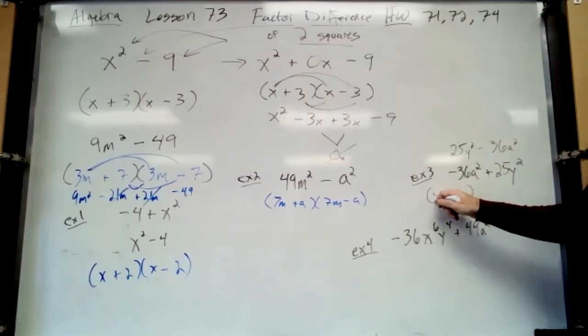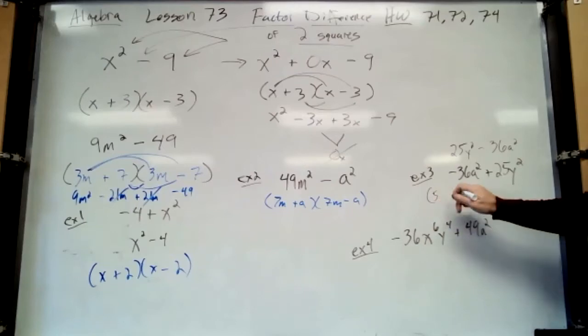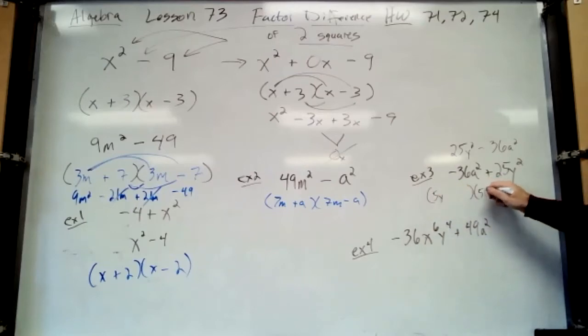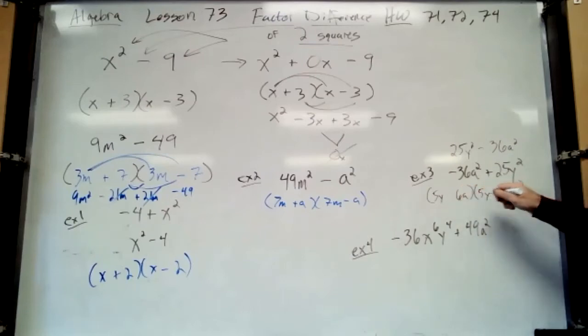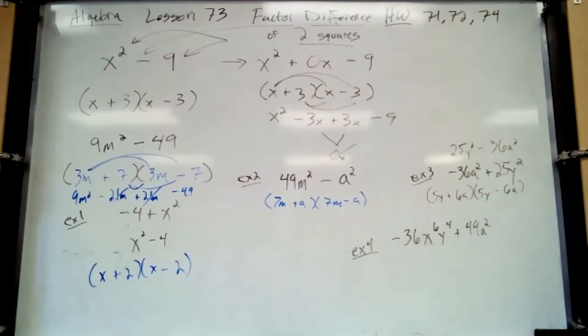So it's 5y and 5y, and then 6a and 6a, add, subtract, you're done. That's the only thing you did wrong, but you understand the concept. So first it has to be written as a difference of 2 squares.